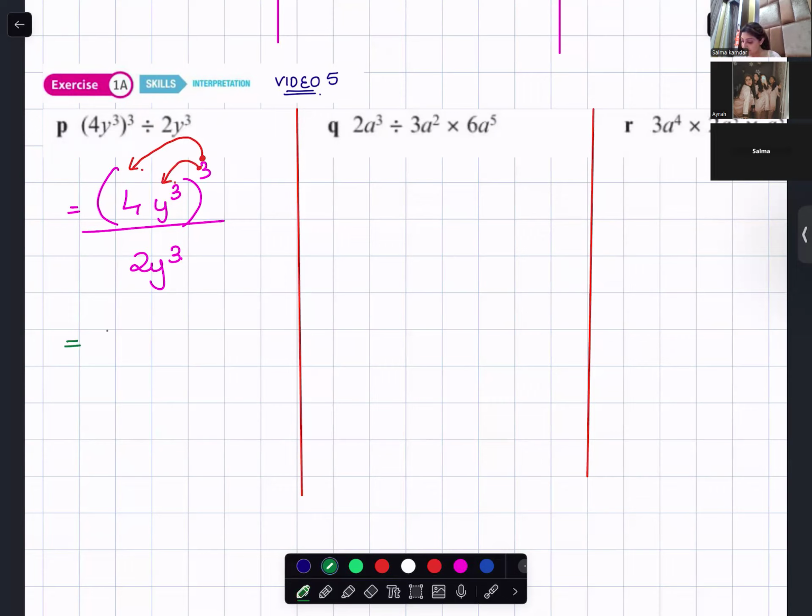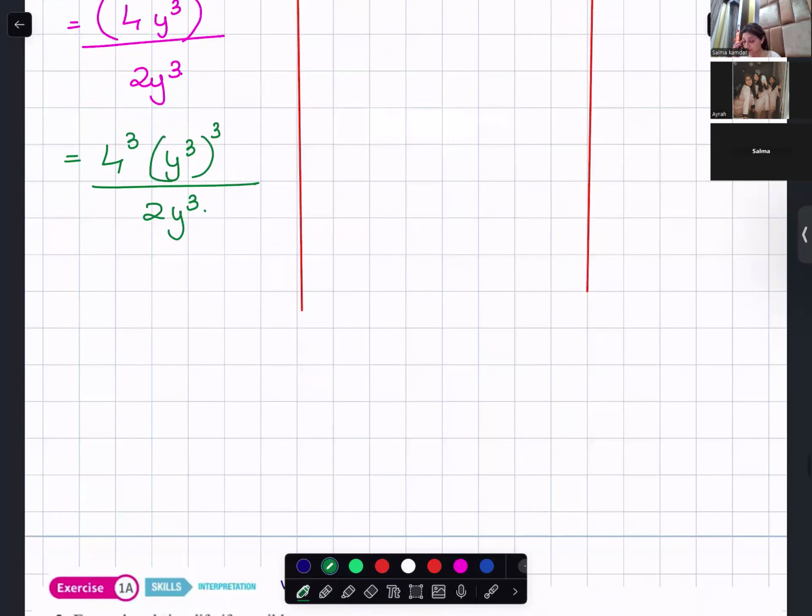So this will become 4 cube and y cube cube divided by 2y cube. 4 cube is, what is 4 cube, Ira? 16 into 4, 64.